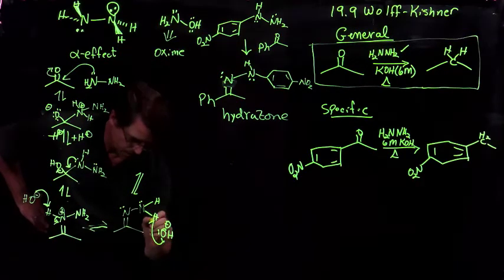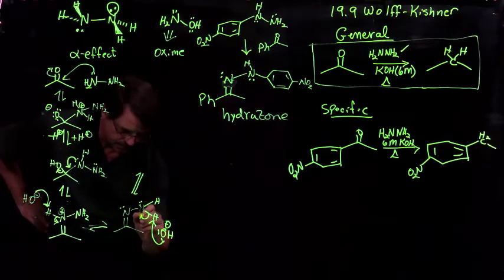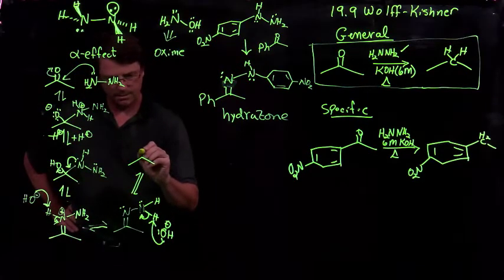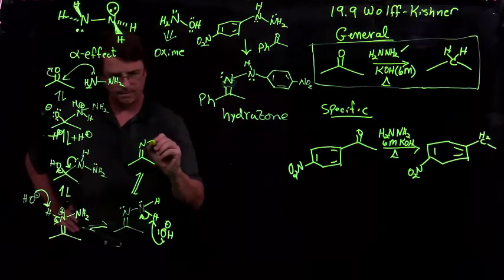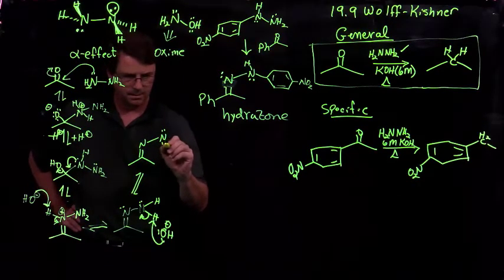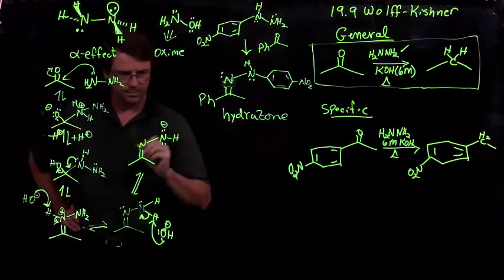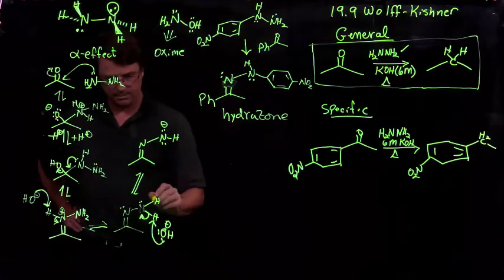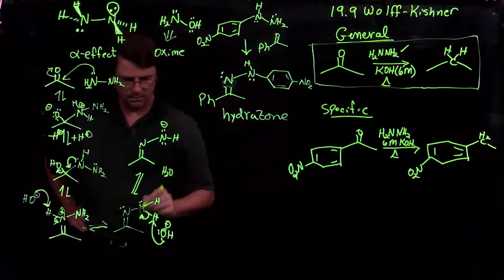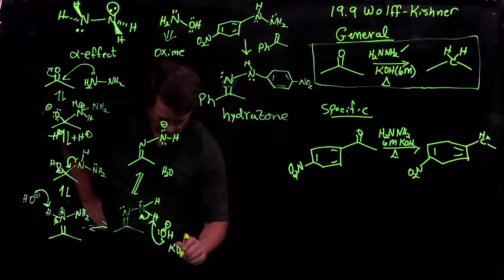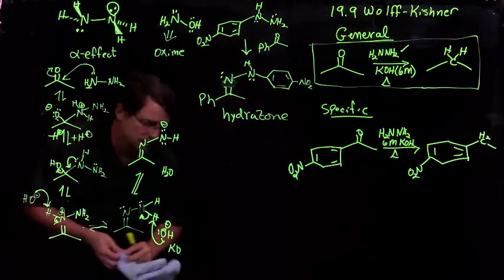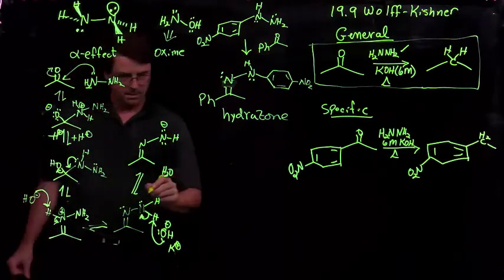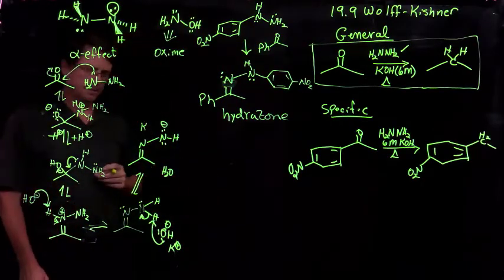And in equilibrium, now it might not be strongly favored, but we can pluck off a proton. We would have produced water. Of course, the counterion here, this was KOH, so we have the potassium here.